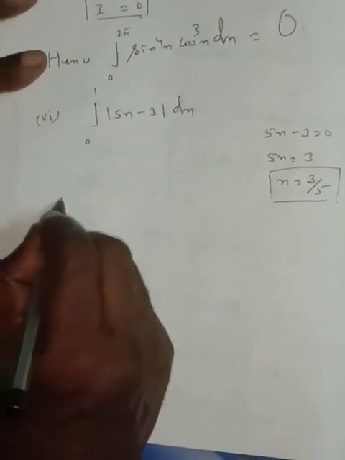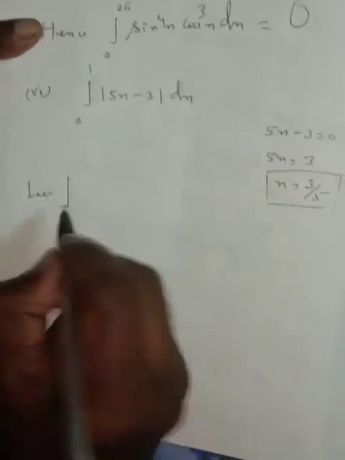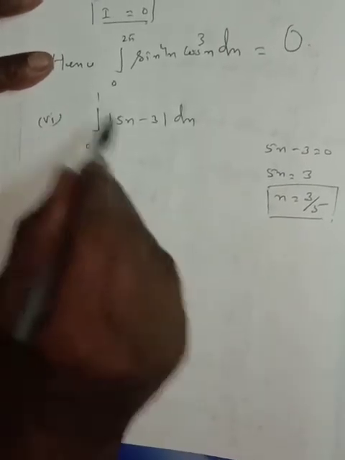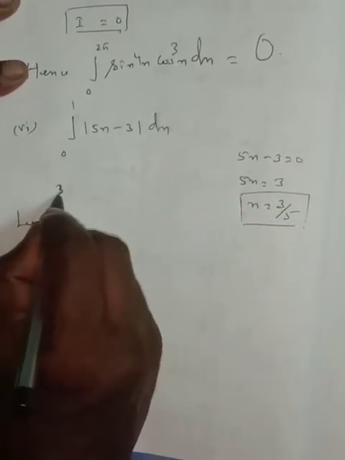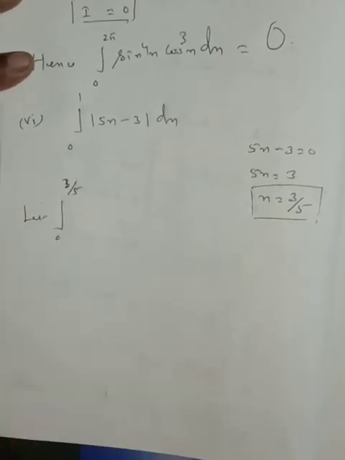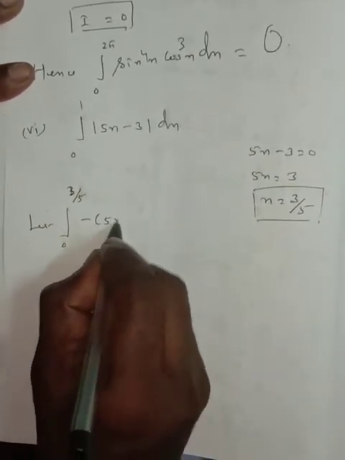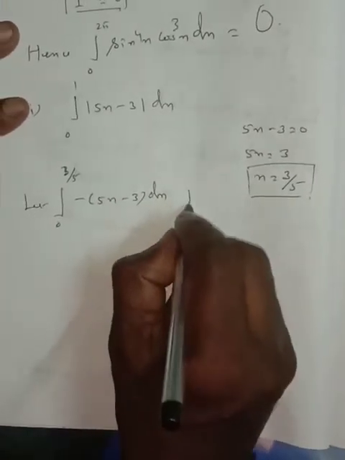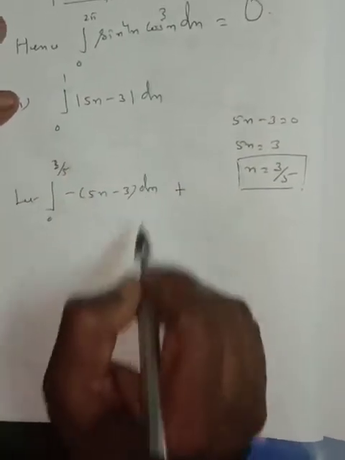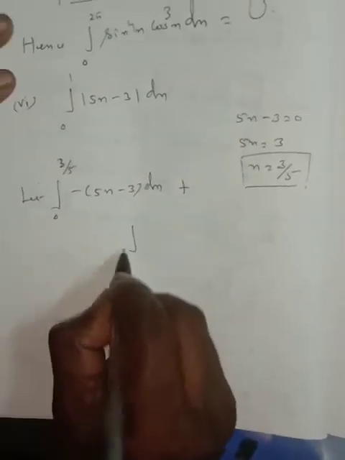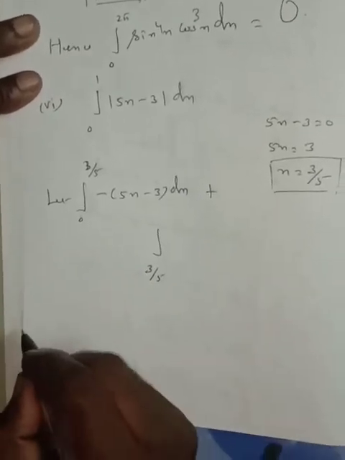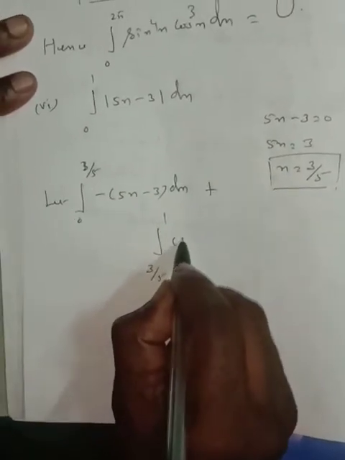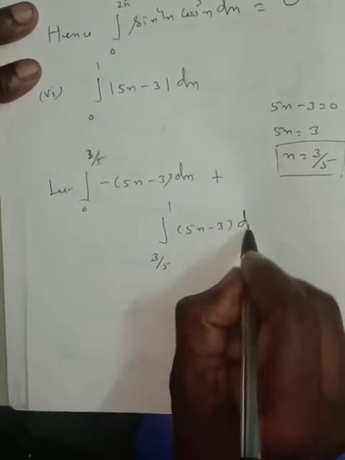It becomes, let integral 0 to 1, means in this case in between 3 divided by 5, so 3 by 5, minus 5x minus 3 into dx plus integral 3 divided by 5 to 1 of 5x minus 3 into dx.